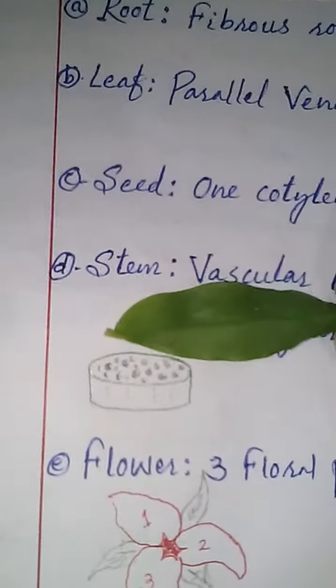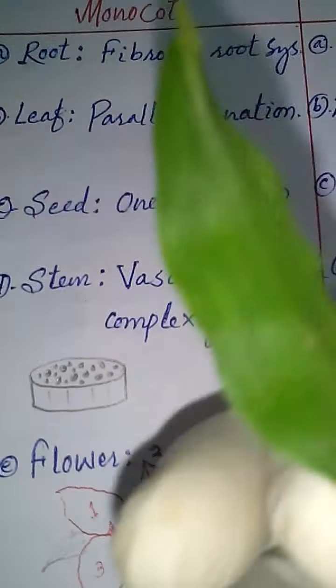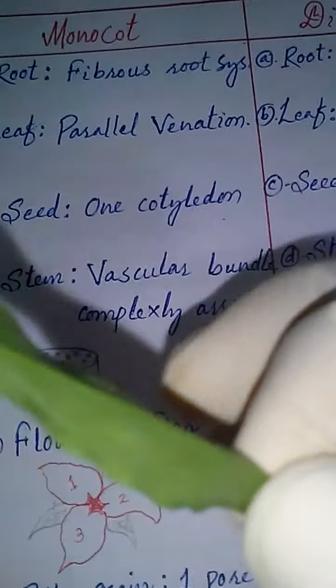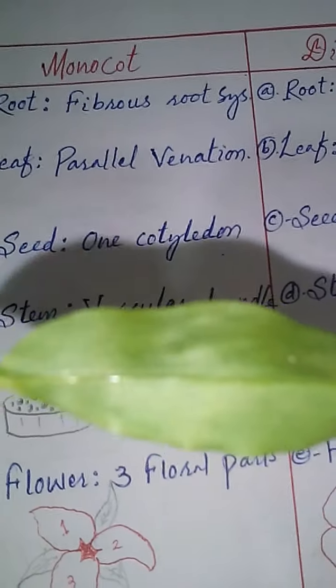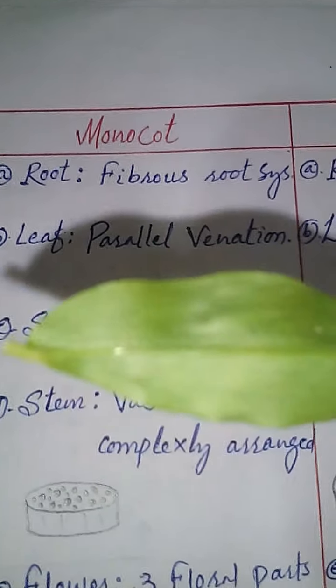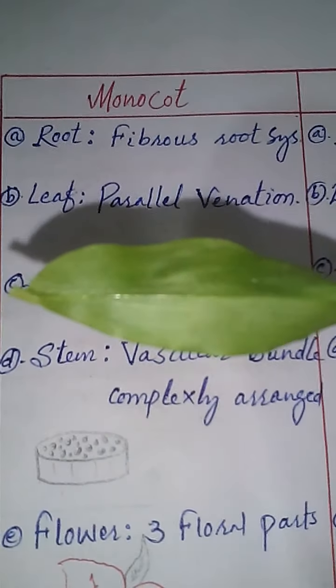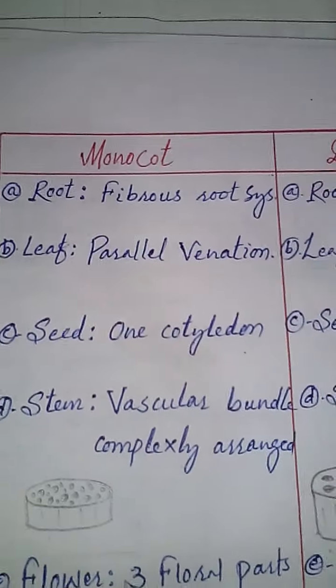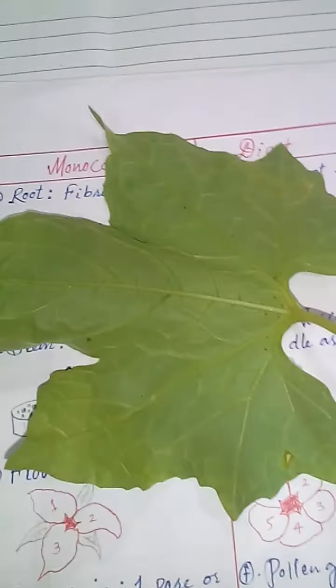So this is the venation of the monocotyledonous plants in which all the veins are arranged parallel to each other, and this type of venation inside the leaf is known as parallel venation, which is the specific venation of the monocotyledonous plant. While the dicotyledonous plant's venation is like this.